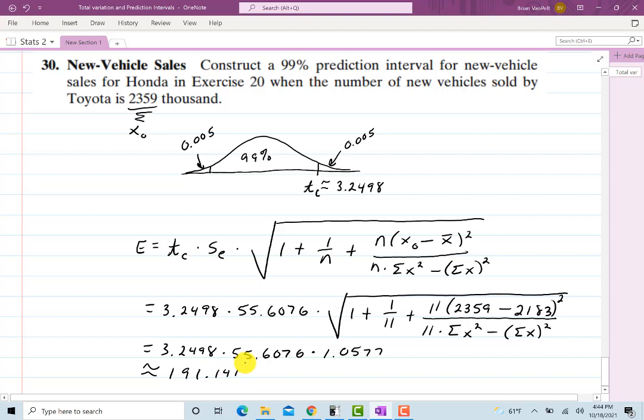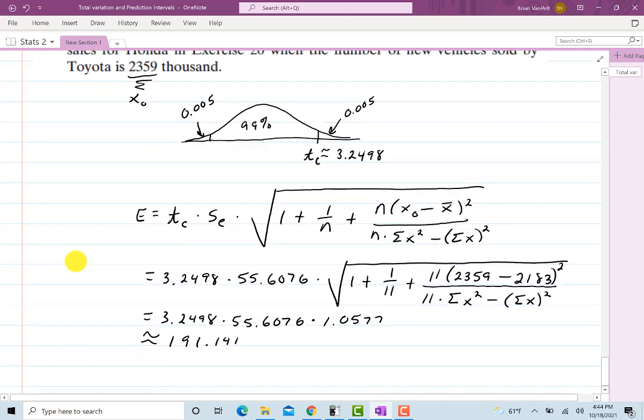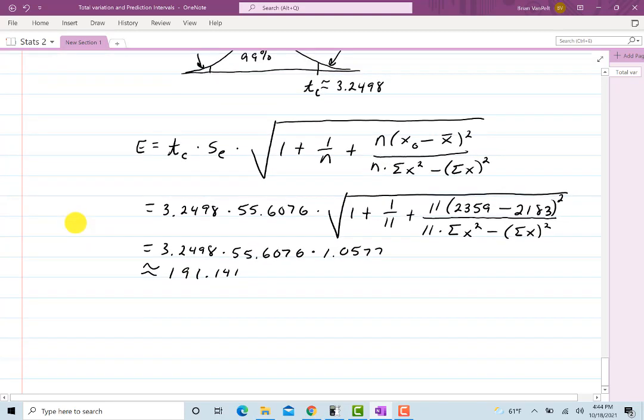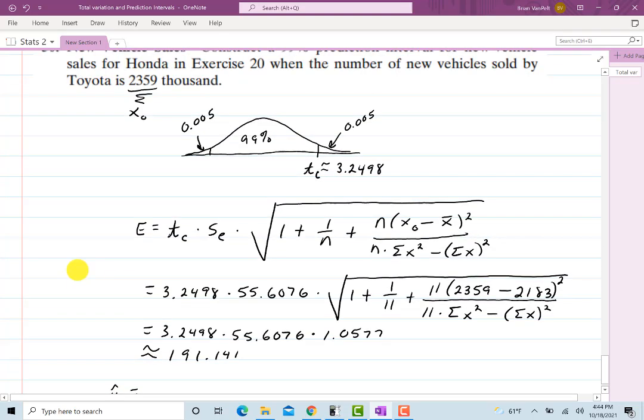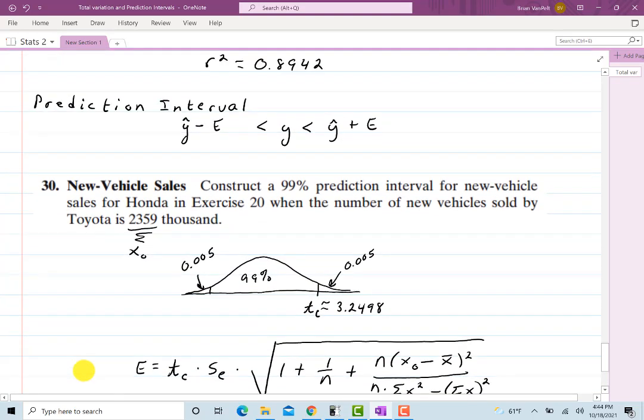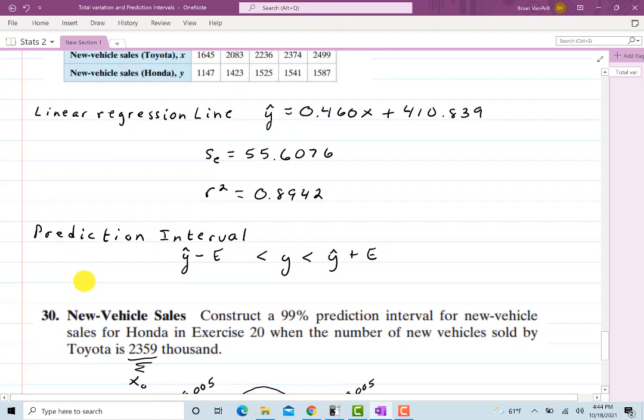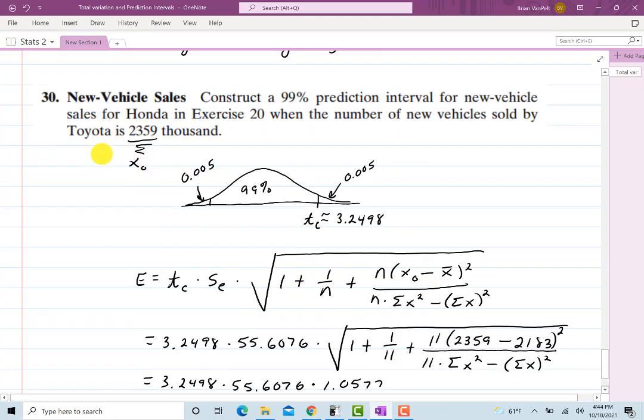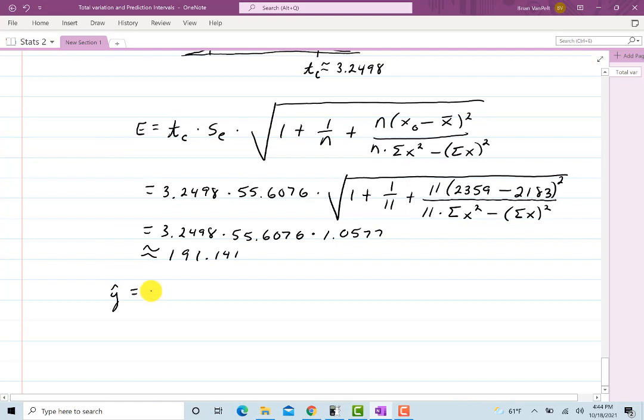There. Now, how do we construct our interval? Well, this 2359, I have to plug it into y. So y hat will equal, let me see, where is my y? 0.460 x, and the x was 2359.